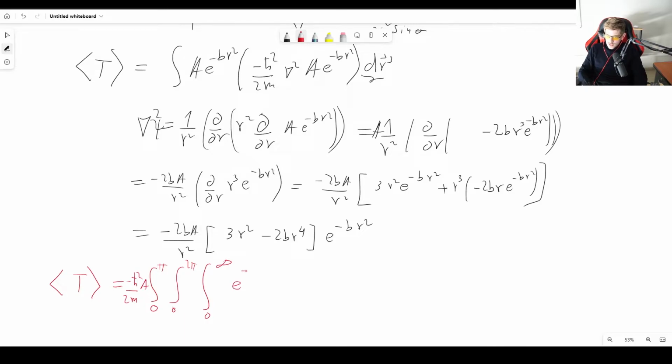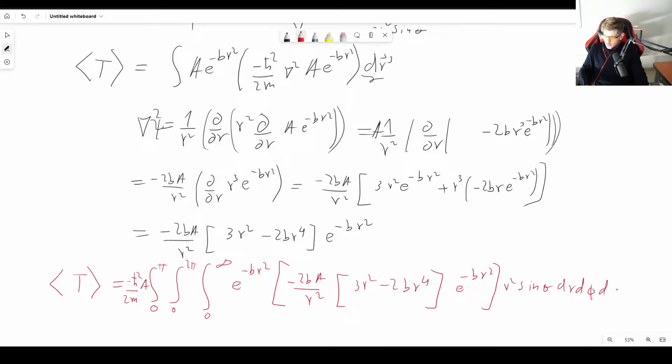Then we have e to the minus br squared, and now comes what we just found: minus 2ba over r squared times 3r squared minus 2br to the fourth, times e to the minus br squared, times r squared sine theta dr d phi d theta.